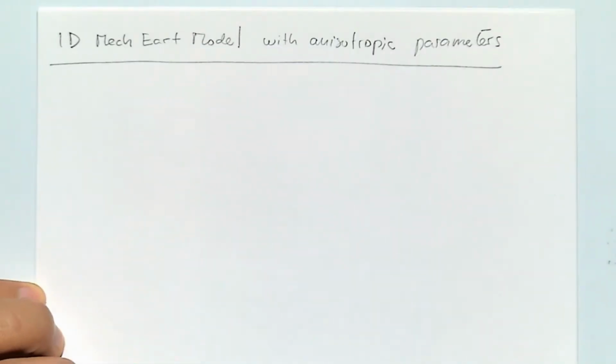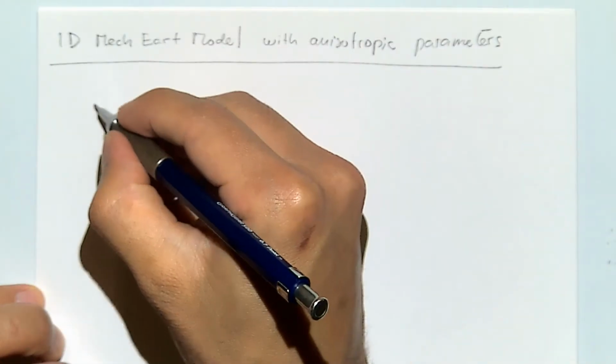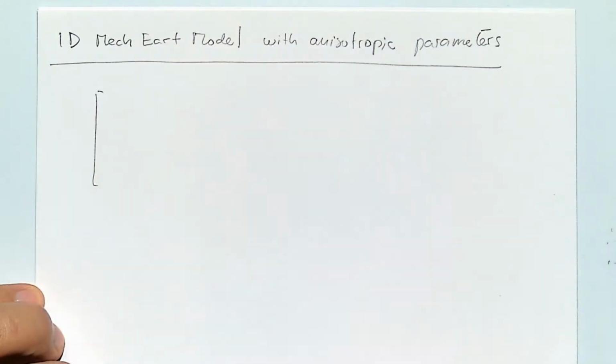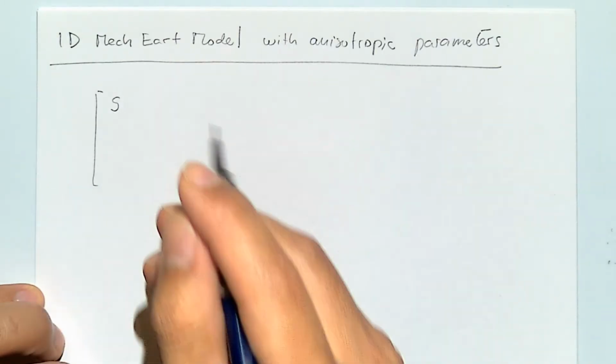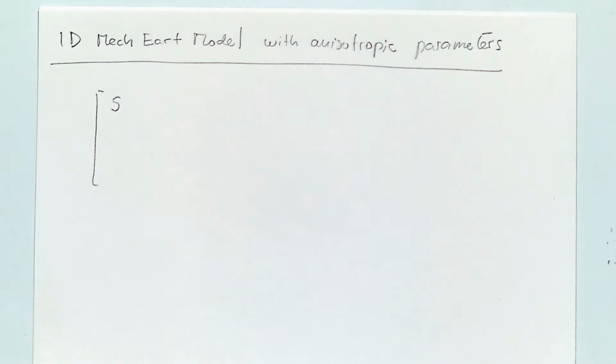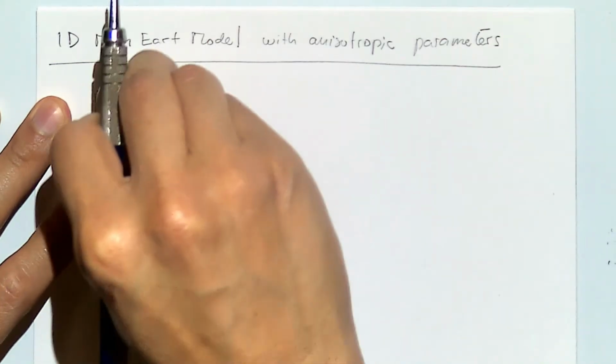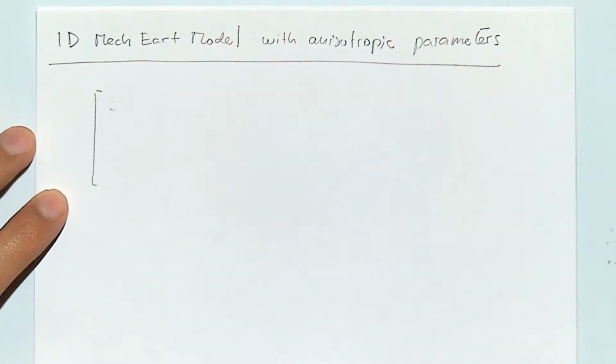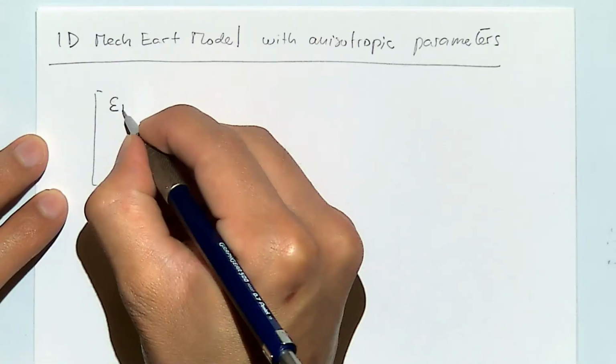All right, the first thing I have to do is write the stiffness matrix, with strains as a function of stresses.